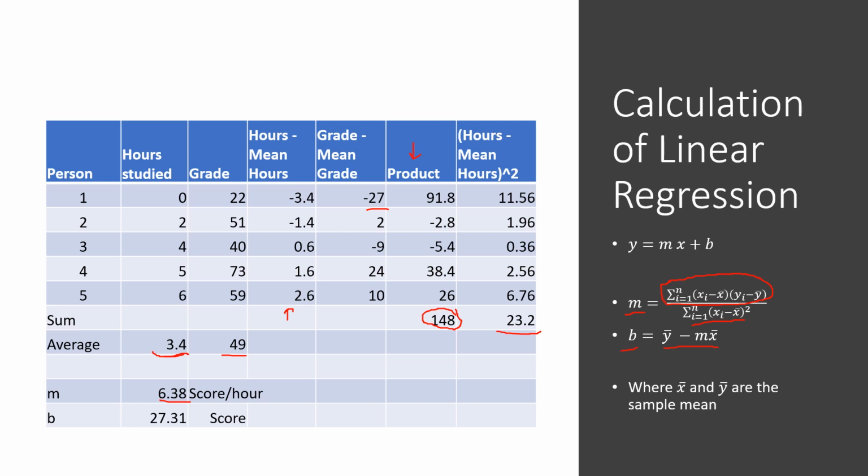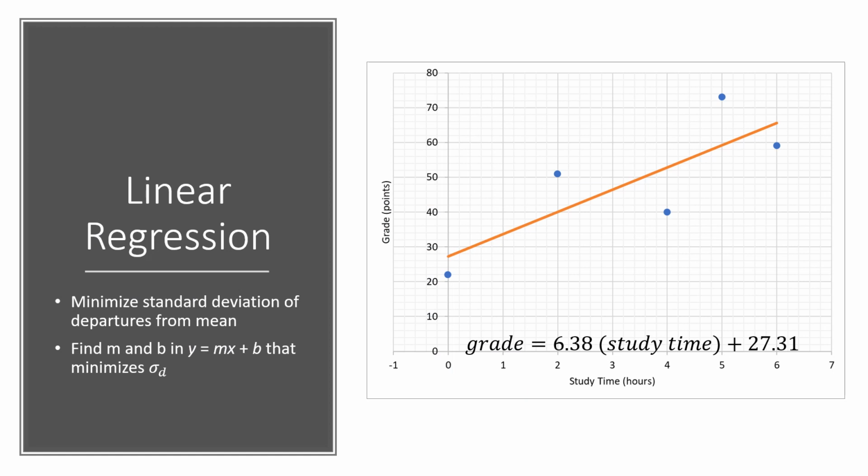That's the y-intercept. So m is 6.38 and b is 27. This slide shows you the results of the regression calculations that we carried out in the previous slide.